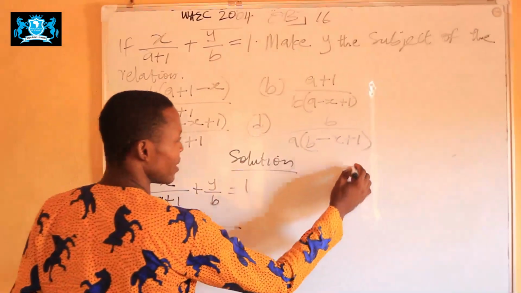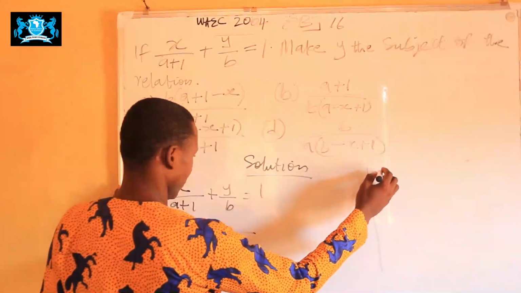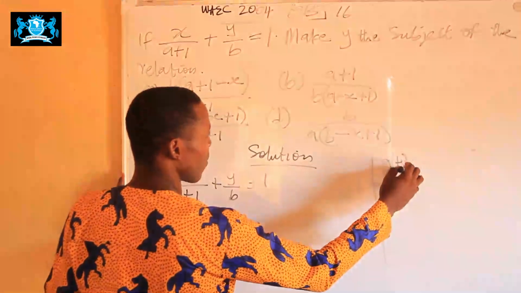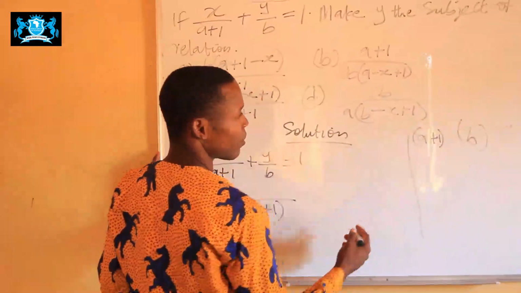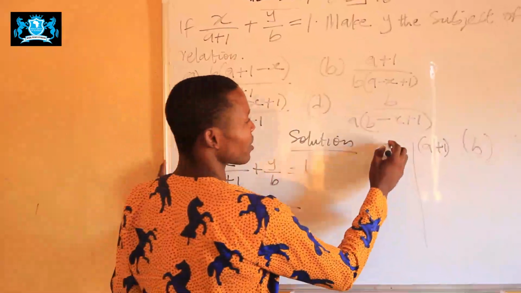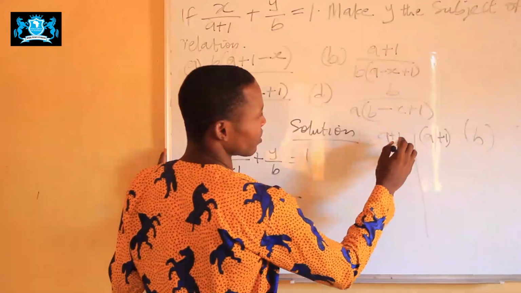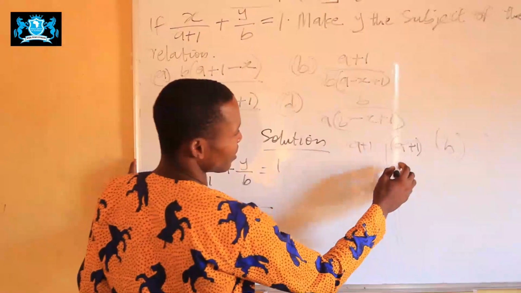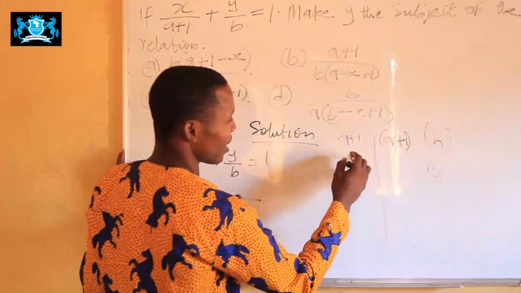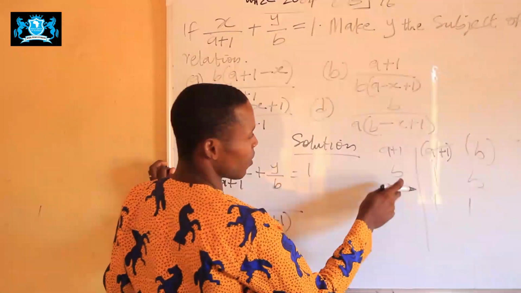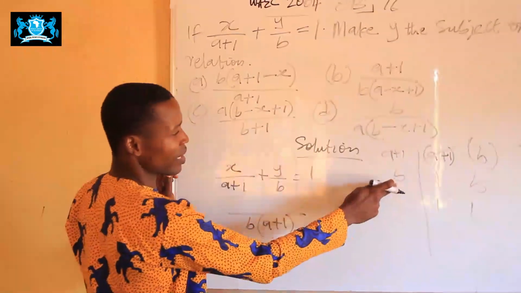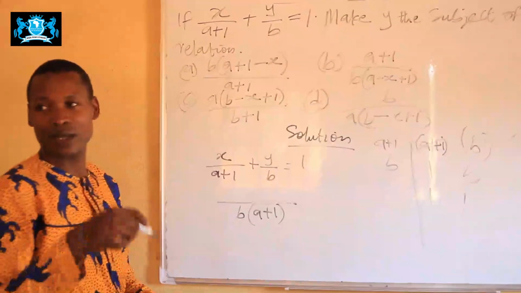If you want to find LCM now and you have a plus 1 and you have b, what can go? The first thing that can go is a plus 1. A plus 1 will divide this, give us 1, remaining b, bring it down. Next thing that can go is b. B, 1 will come down, so we have this. So it will not be this times this. That's why we have it this way.